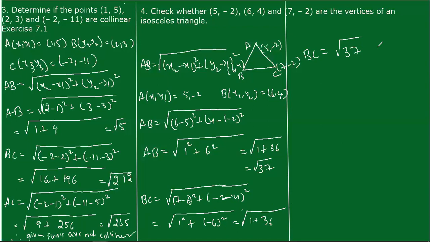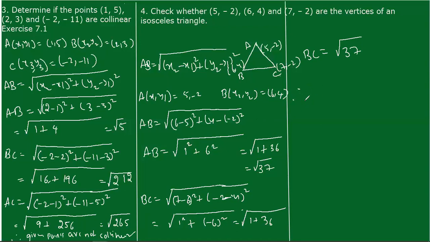Now there is no need to find the AC distance, because two sides are already verified. AB equals root 37 and BC equals root 37. As two sides are equal, it is absolutely an isosceles triangle.